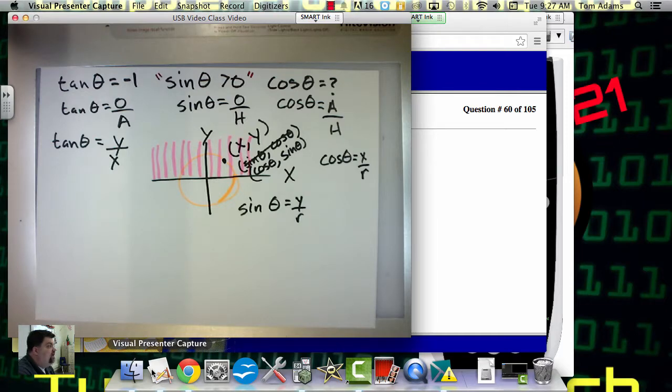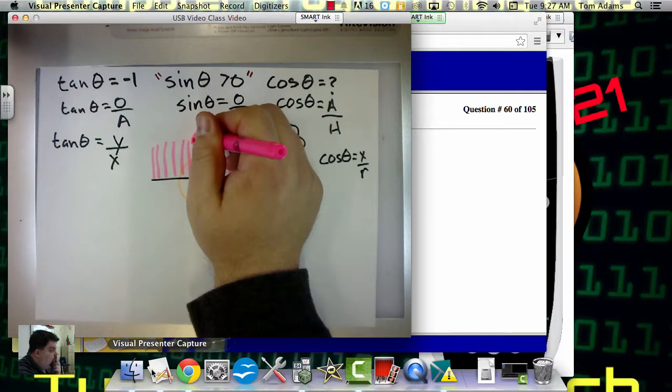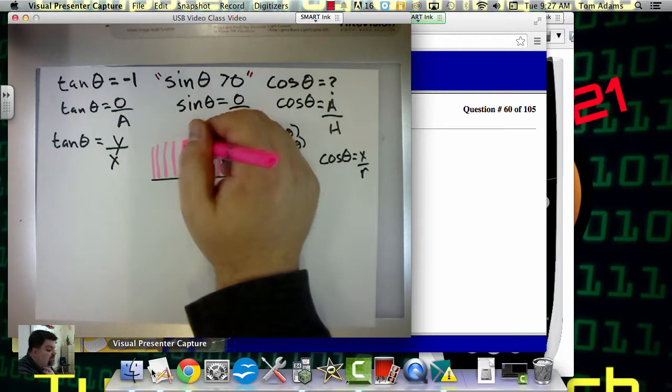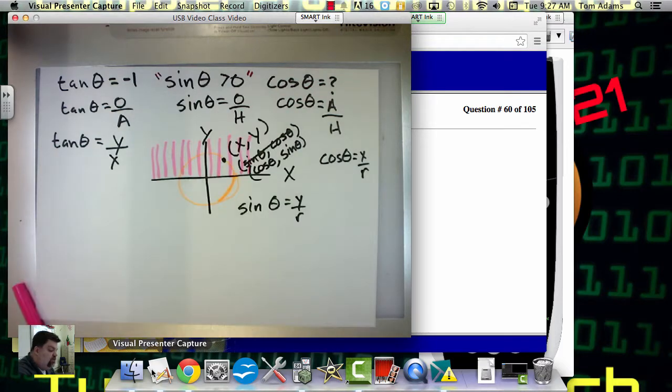So x must be negative or y is negative, but not both of them. So when x is negative, quadrant 2, will quadrant 2 work? Yeah, because x is negative, y is positive, so that would work.